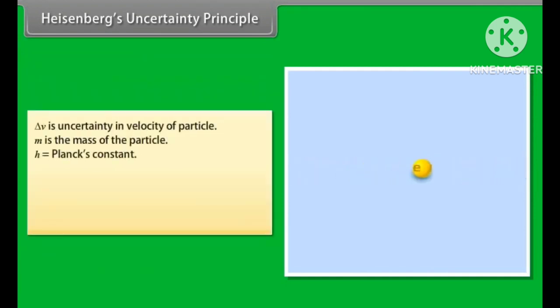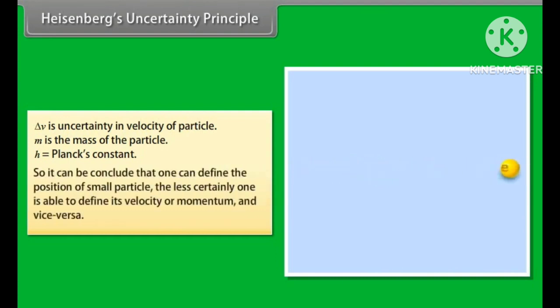Delta v is the uncertainty in velocity of the particle, m is the mass of the particle, and h is Planck's constant. So, it can be concluded that the more certain one is about the position of a small particle, the less certainty one has in defining its velocity or momentum, and vice versa.